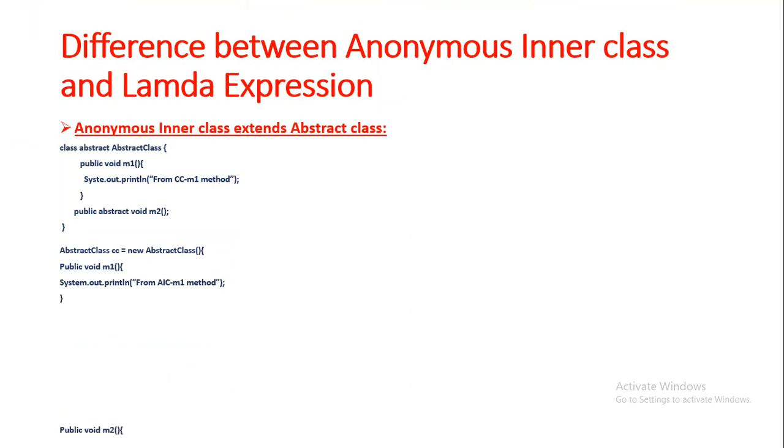The m1 method is a concrete method and the m2 method is an abstract method. Provided the logic, overrode both of them. So can you write a lambda expression for an abstract class? No, not possible. This is the second point.